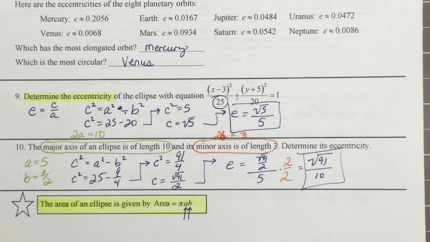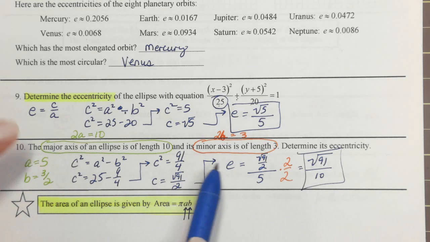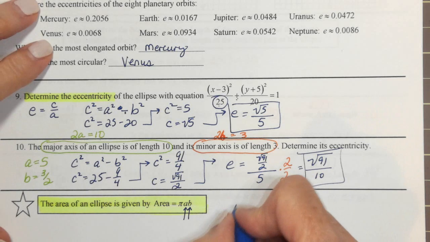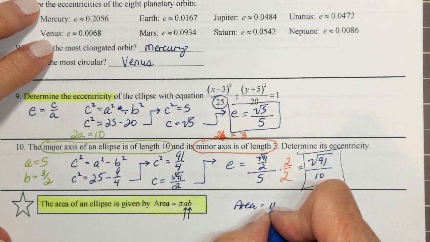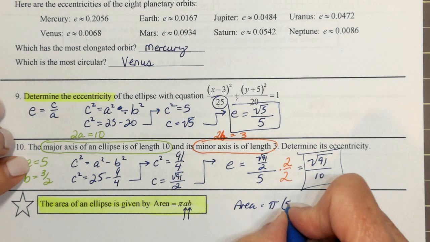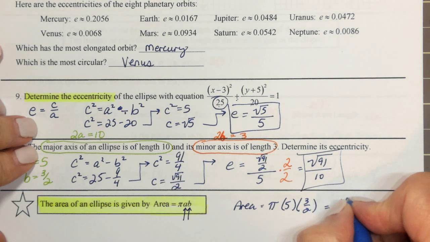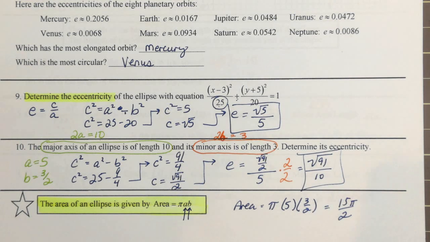For the ellipse in number 10, the area would be pi times a times b, which would be 15 pi over 2.